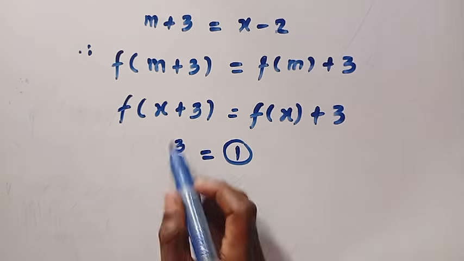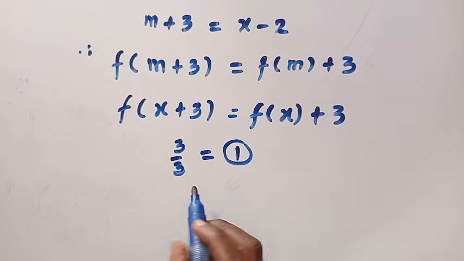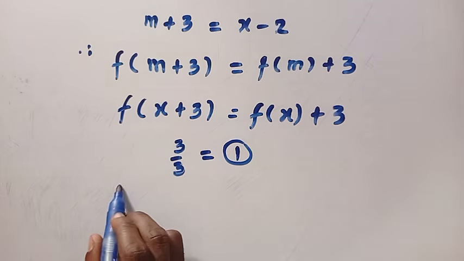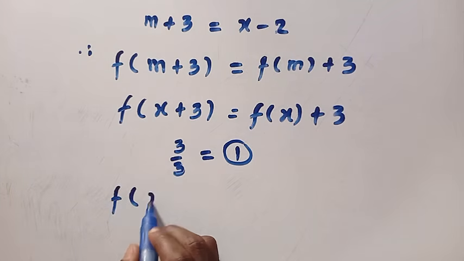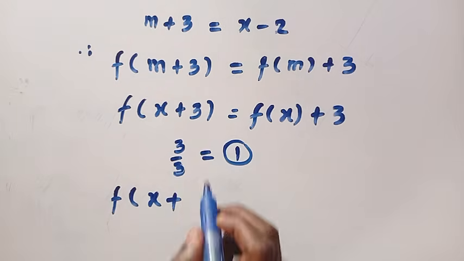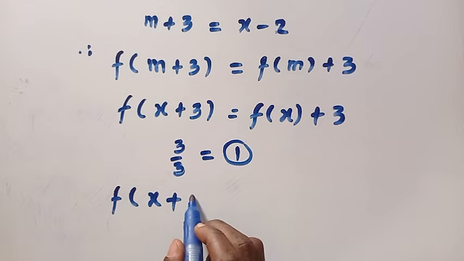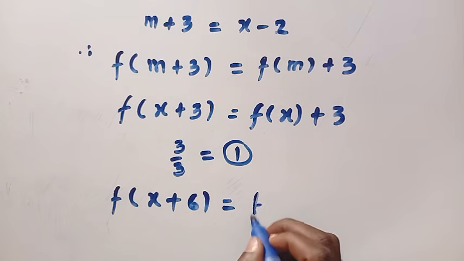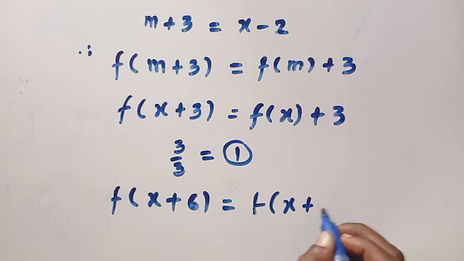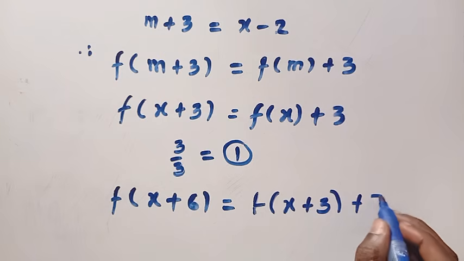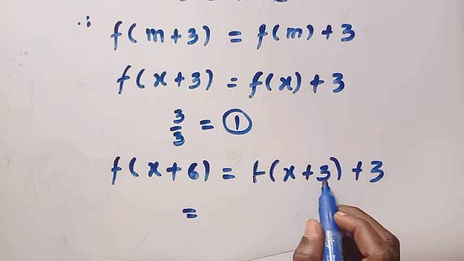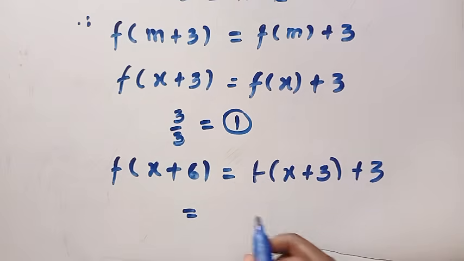And if we try to draw some patterns from this as well, let's try increasing this by 3. Adding this 3, we have f(x + 6) = f(x + 3) + 3. But f(x + 3) is given as f(x) + 3 above.